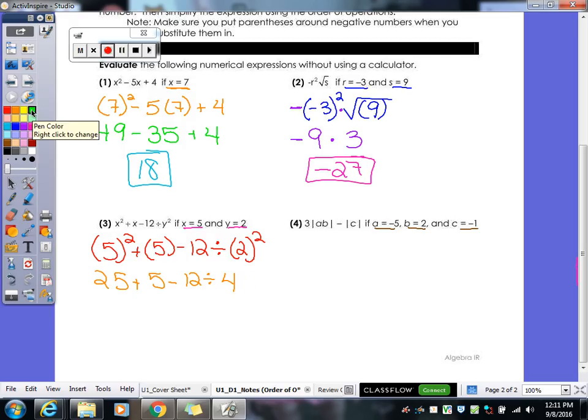So then if you look through the problem, I have an add, a subtract, and a divide. So order of operations tells us division is going to happen first. So this becomes 25 plus 5 minus 3. 12 divided by 4 gives us 3. So then we add 25 plus 5 is 30 minus 3 gives us 27.